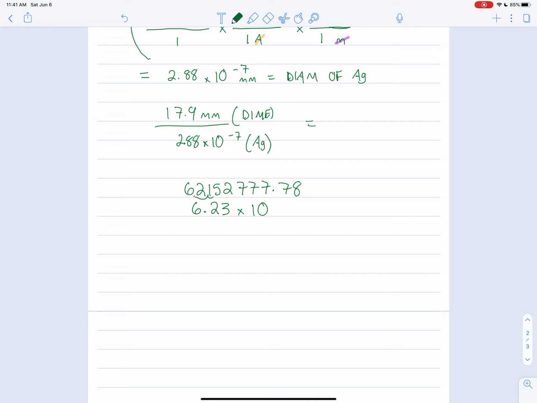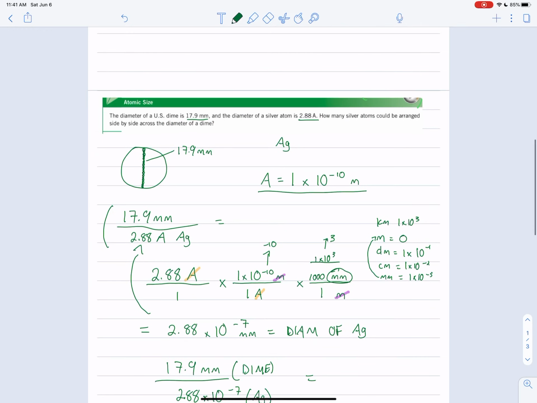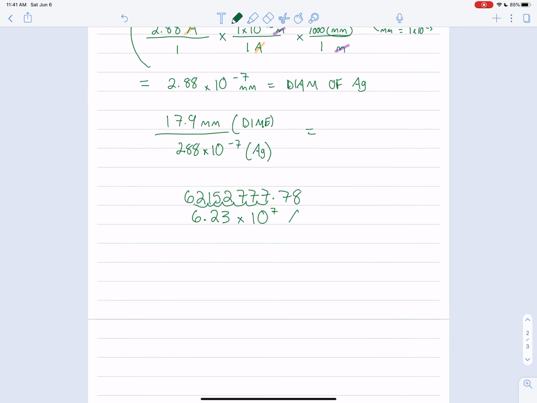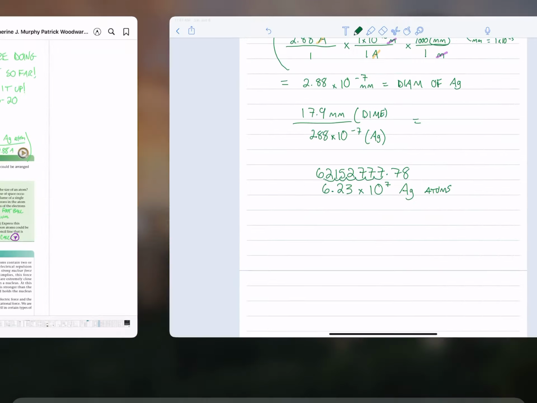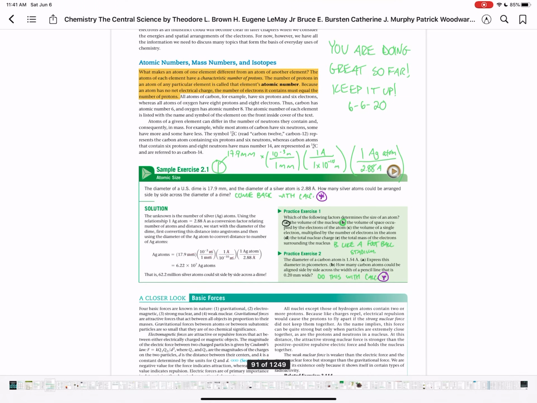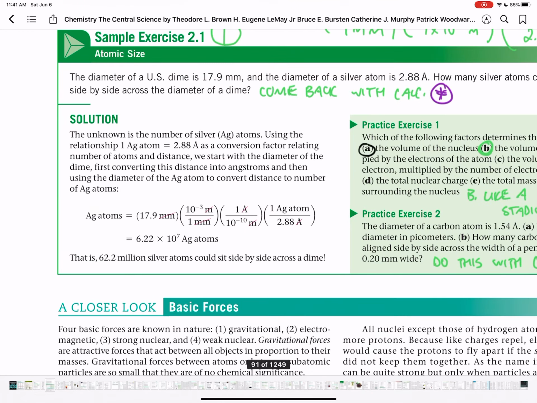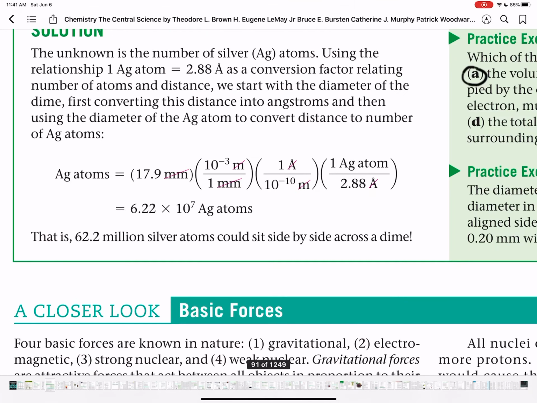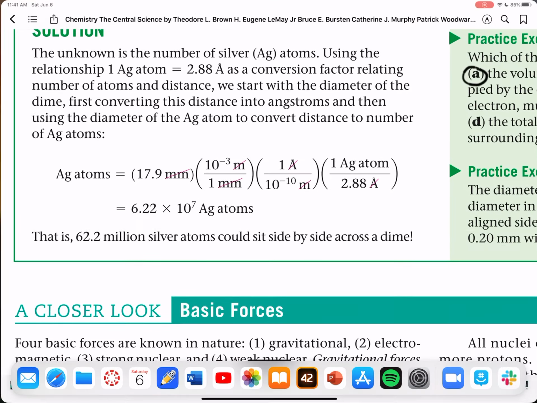That's 1, 2, 3, 4, 5, 6, 7 times 10 to the 7th silver atoms. Okay, 6.23 times 10 to the 7th. If we check this with our textbook, we have 6.22 times 10 to the 7th atoms. So there you have it.